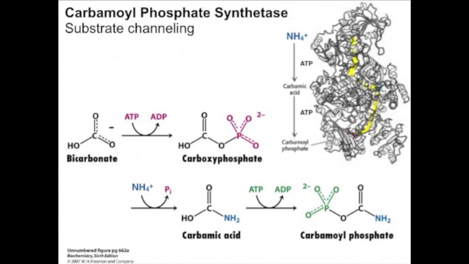These intermediates are passed from one position to another within the enzyme. First, bicarbonate is phosphorylated, and it travels to the next place for the addition of ammonium. Then finally, there's an addition of ATP. Substrate channeling prevents the loss of intermediates so that ATPs are not squandered.